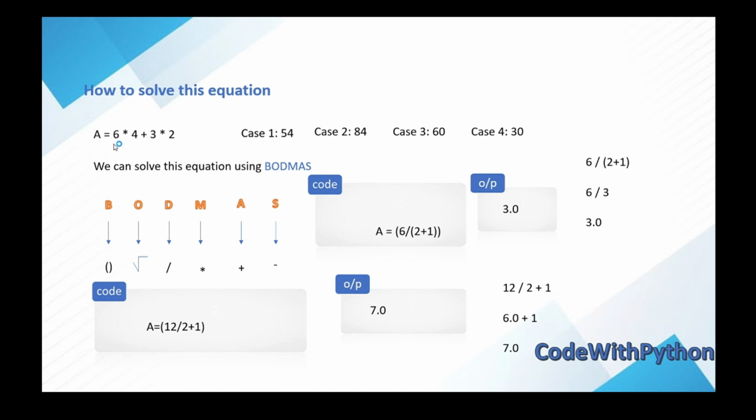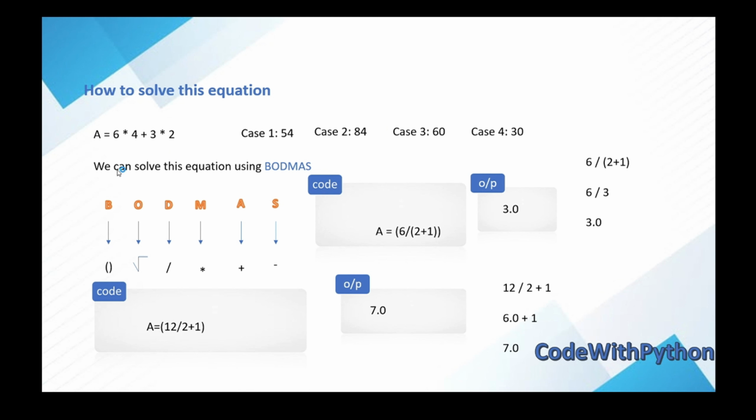Then case 3. 6 into 4 is 24, and 3 into 2 is 6. 24 plus 6 is 30. Case 3 is 30. For the next case, 3 plus 2 is 5, 6 plus 4 is 10, and 10 into 6 is 60. But I don't know how to solve these equations.